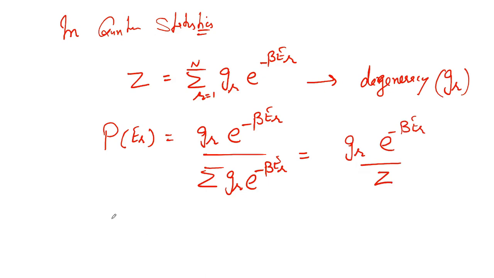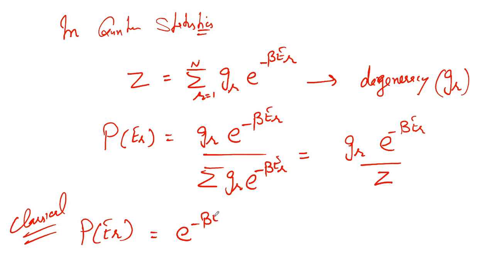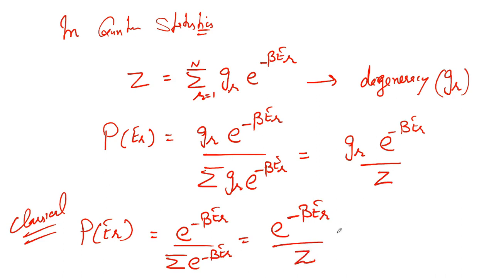And in classical statistics, where the system has non-degenerate energy values, the P_r comes out to be e raised to the power minus beta E_r over the summation of e raised to the power minus beta E_r, which is equal to e raised to the power minus beta E_r over Z, when it has non-degenerate energy states.